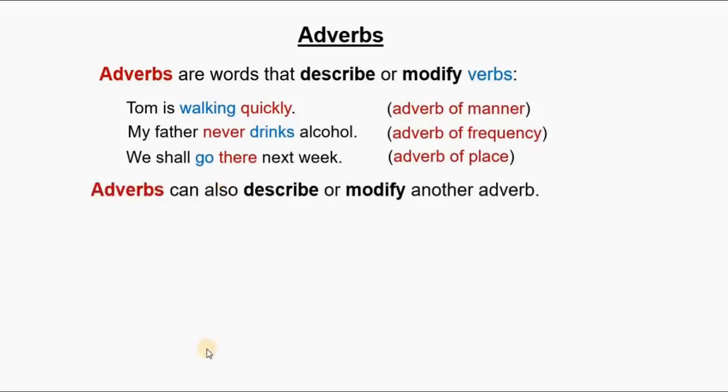Adverbs can also describe or modify another adverb. So here is the same sentence. Tom is walking quickly. So we have the verb walking, the adverb quickly is describing walking, and now we can add another adverb which describes quickly.